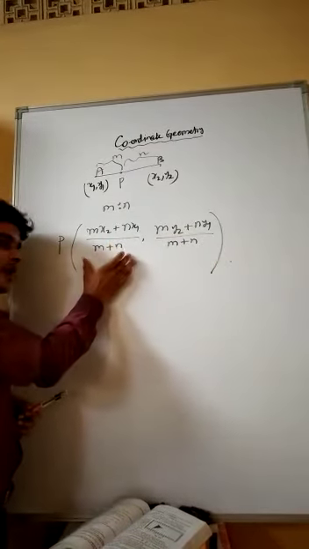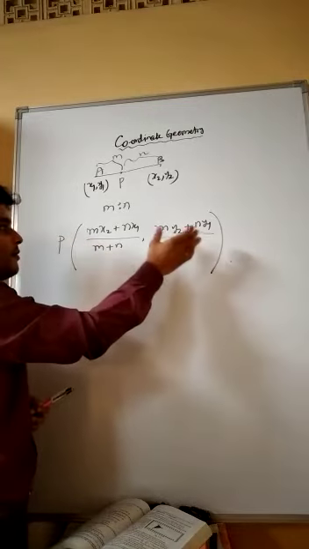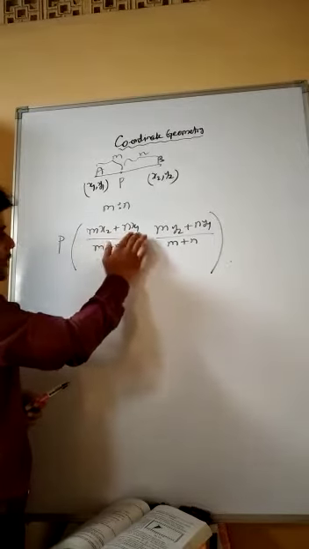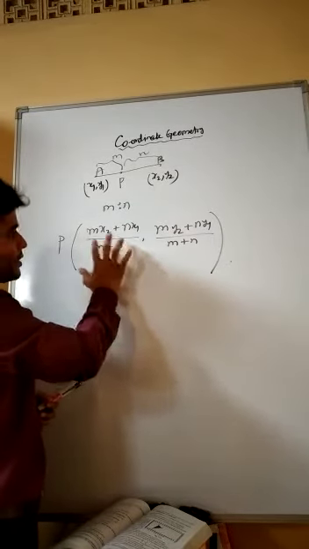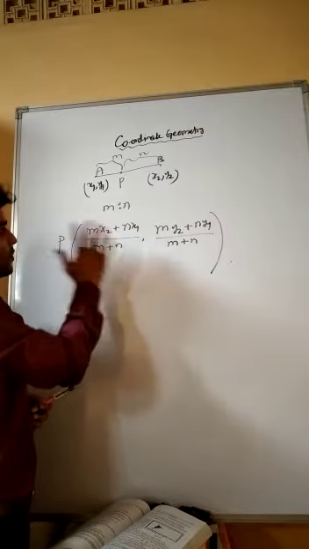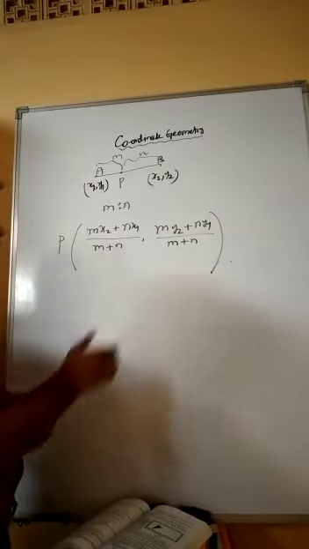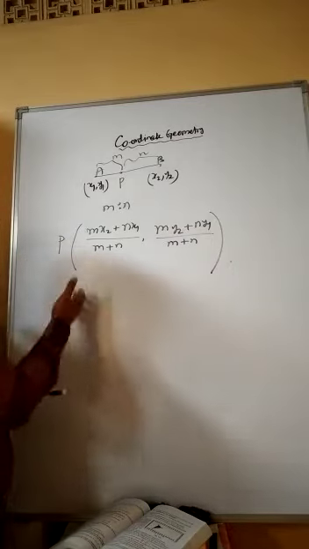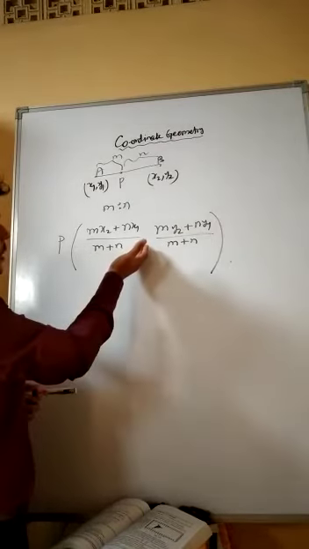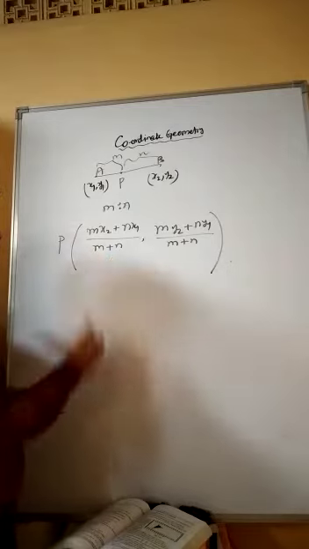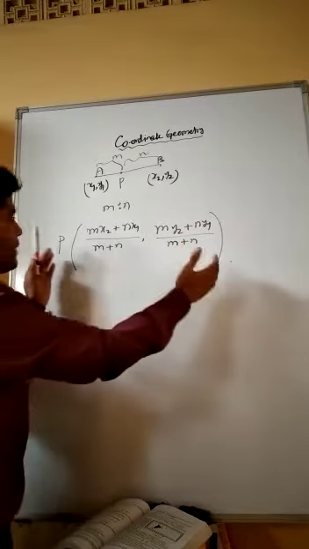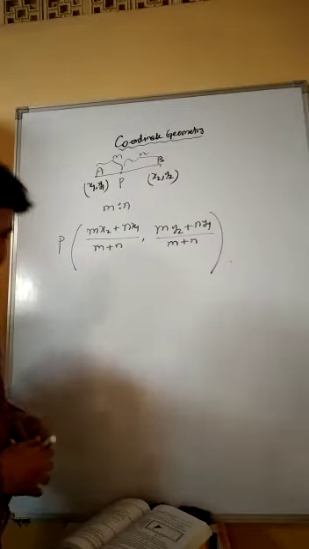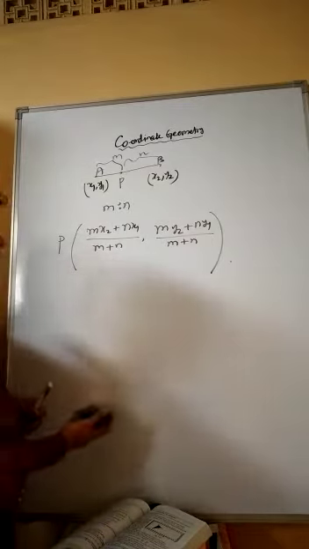If you remember the abscissa, the ordinate has the same expression: mx2 plus nx1 by m plus n. In place of x1 and x2, you have to write y1 and y2. As it is a coordinate of a point, you have to give one comma and it should be inside the bracket. So you must put the bracket, as it is a coordinate.